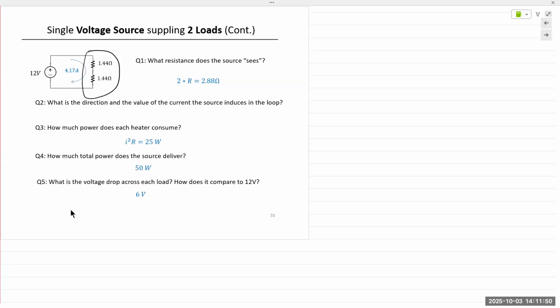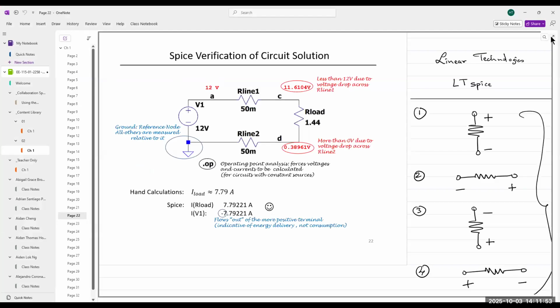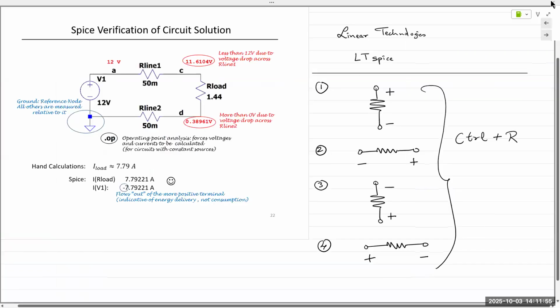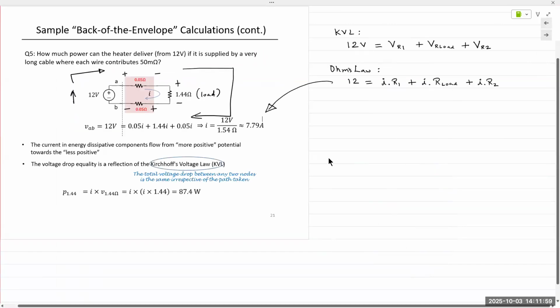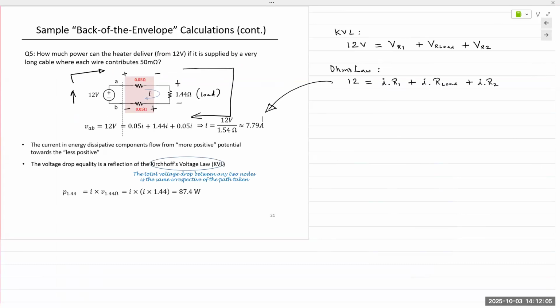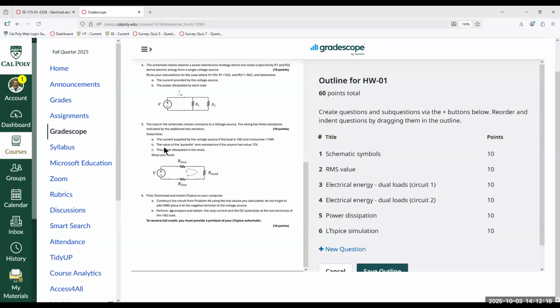So section 2, right here in this one. Sorry, not this one. I think it was this problem. So in the homework, this problem, question number 5, it says the load in the schematic is connected to a voltage source.